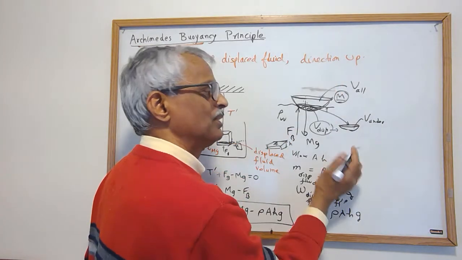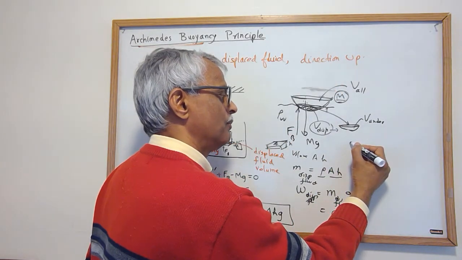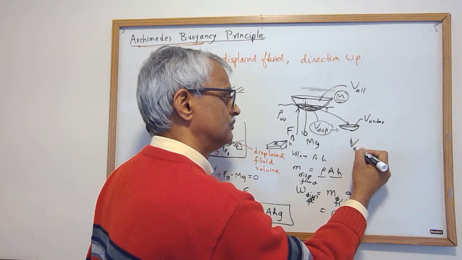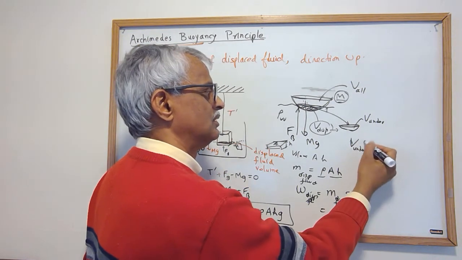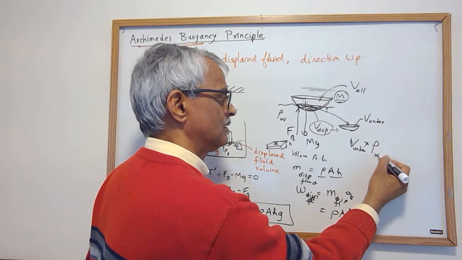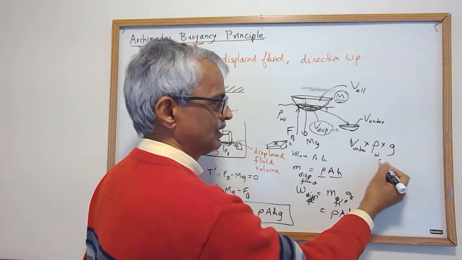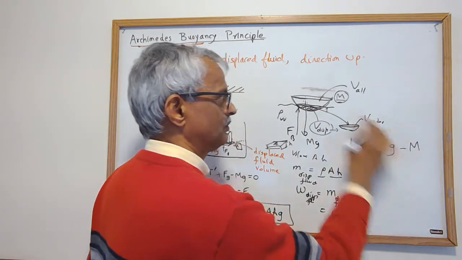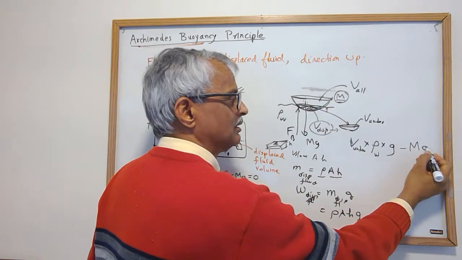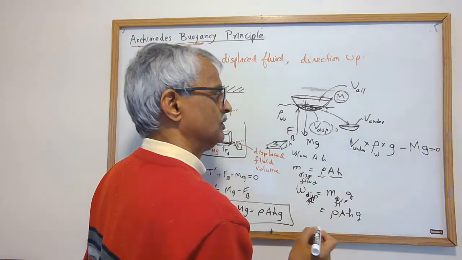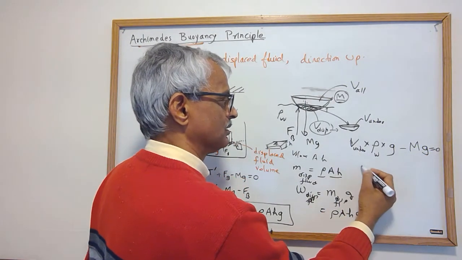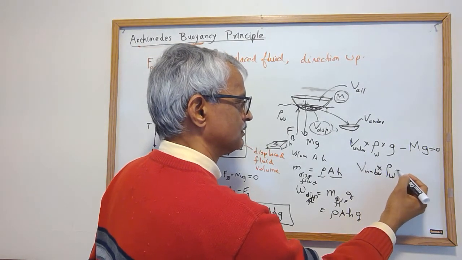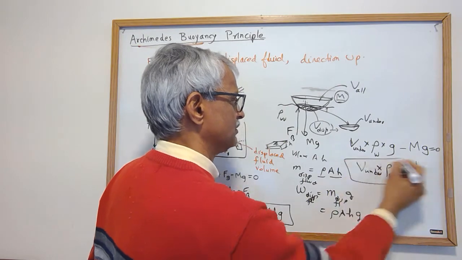So we get volume under water times the density of water times G, so that's the force of buoyancy, which is up, minus the mass of everything that's in the ship times G equal to 0. So if I know the volume under water, volume under times density of water can give me the mass of this ship.